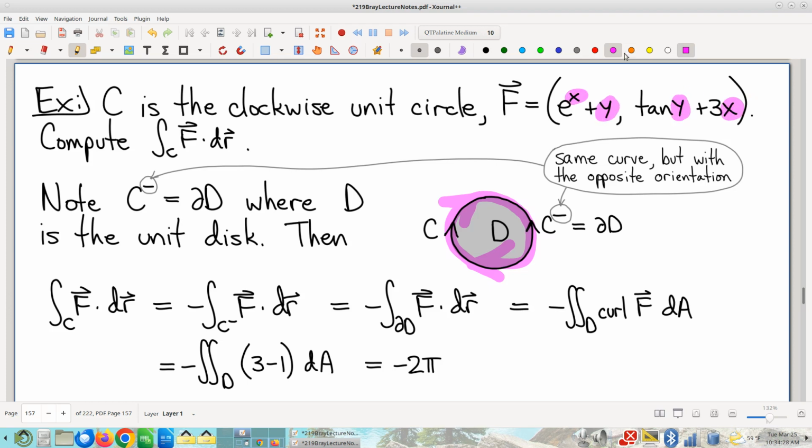I'm particularly scared of having to figure out how to do an integral where tangent of cosine of t is part of my integrand. That just looks creepy and weird and highly undesirable. I think that would be a very undesirable integral to have to do the old-fashioned way. Right? So, using the big gun, using Green's theorem saved us loads of inconvenience.